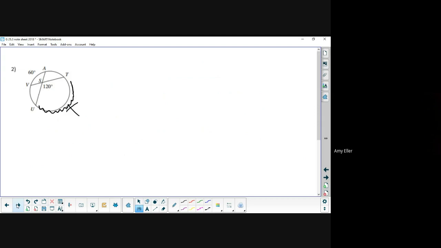X is one of those arcs. Where is the angle? The angle is in the circle, not at the center. It's that same angle we talked about. Follows this formula, 1/2 arc A plus arc B.